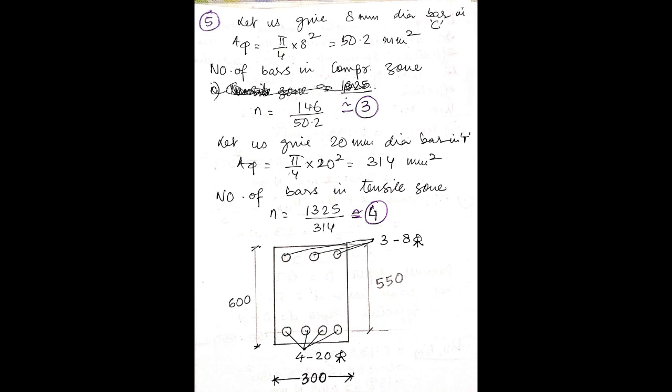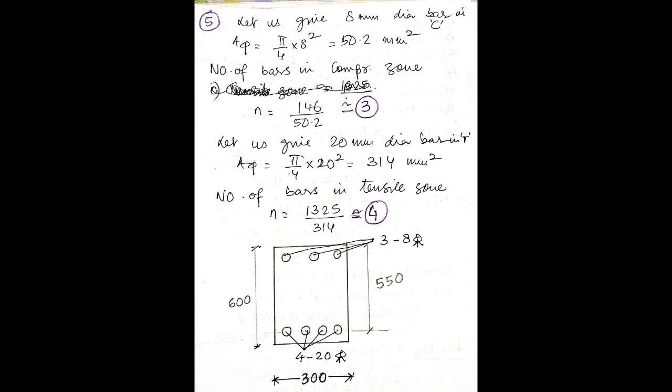Step number 5, let us assume we give 8 millimeter diameter bars in the compression zone. The area of each bar is equal to 50.2 millimeter square. So the number of bars required in the compression zone, with a total area requirement of 146, will be 146 divided by 50.2, which comes out to be 3.